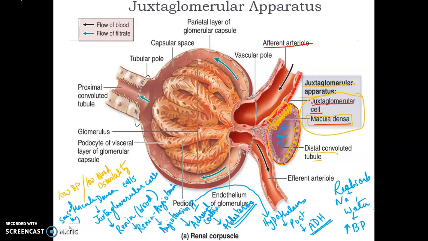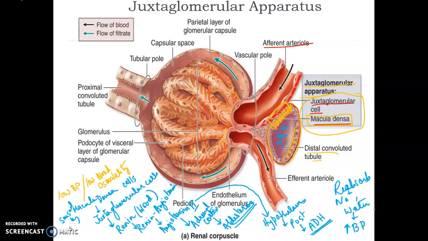When the blood pressure is low or when the blood osmolality is low, that is sensed by the macula densa cells, and the macula densa cells then talk to the juxtaglomerular cells, and the juxtaglomerular cells in return release a hormone called renin into blood. Renin then activates the renin-angiotensin pathway, and ultimately a protein is produced called angiotensin 2.